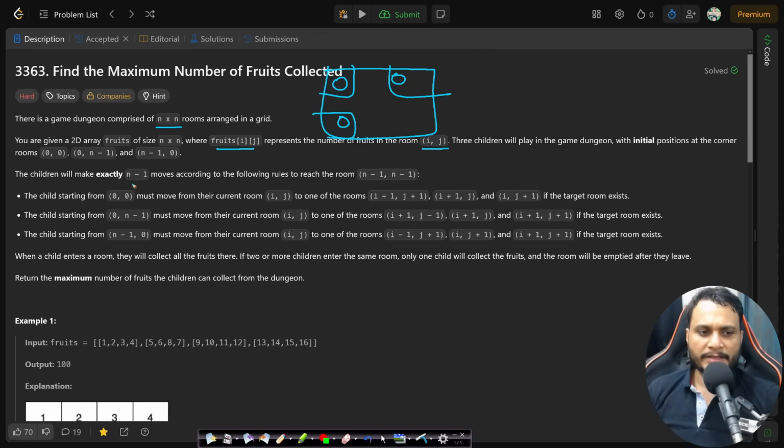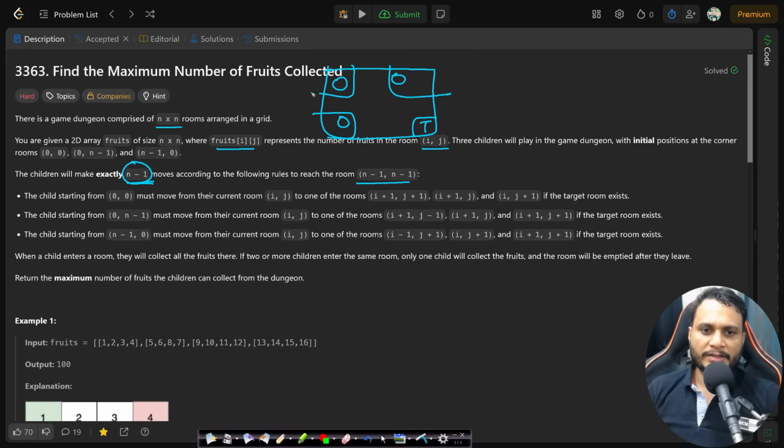The children will make exactly n-1 moves according to the following rules to reach the room n-1, n-1, which is the last cell. That means the bottom right cell is the target cell. And each child can move not more or not less than n-1. They will have to exactly make n-1 moves.